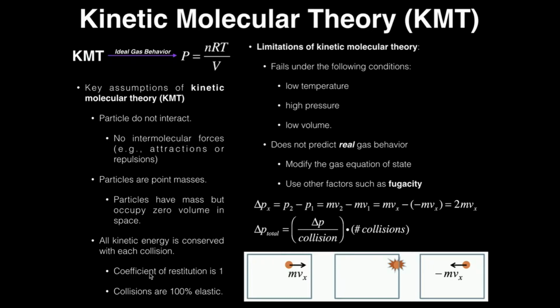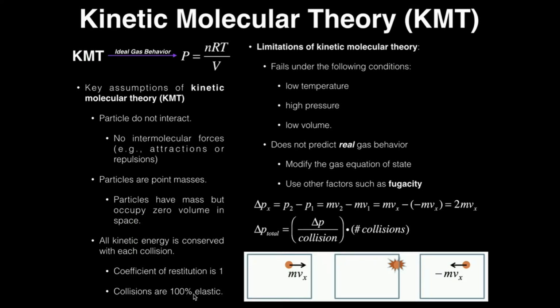And the other thing, which is sometimes stated in different ways, is that all the kinetic energy is conserved with each collision. So the particles will collide with the walls of the container, and they will consequently change direction and momentum, okay? But all the kinetic energy is conserved. So that means all the collisions are 100% elastic.